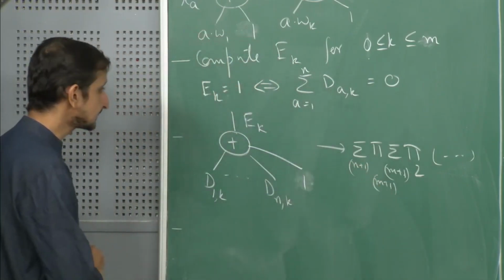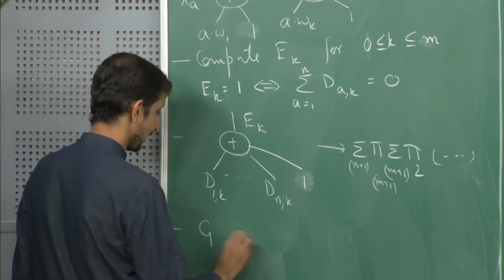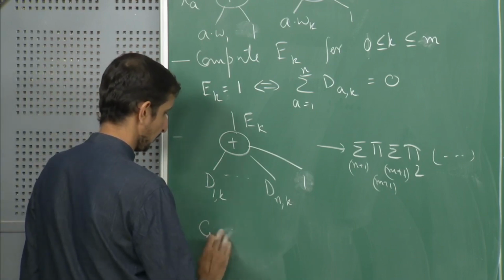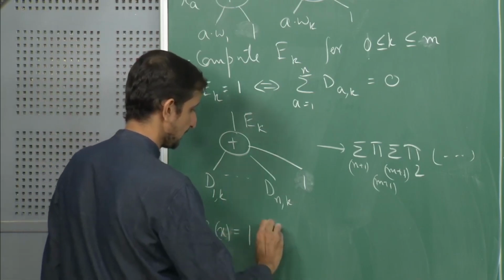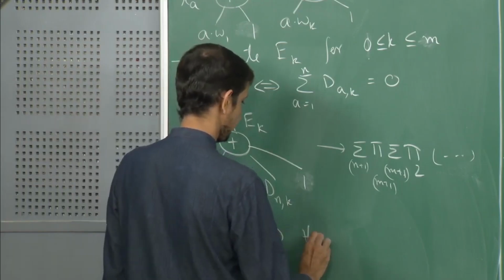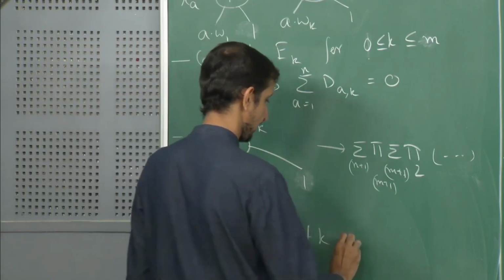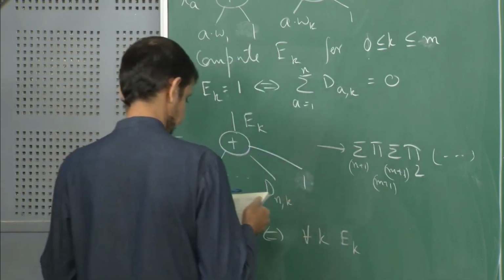And the last thing is, at the last level I will define C1 of x as equal to 1 if and only if for all k, ek is 1.